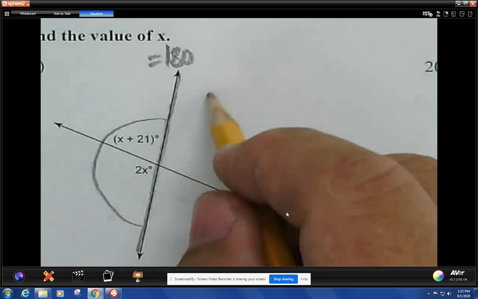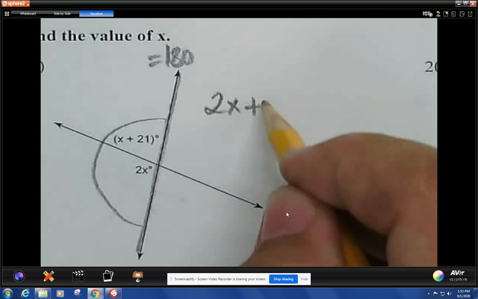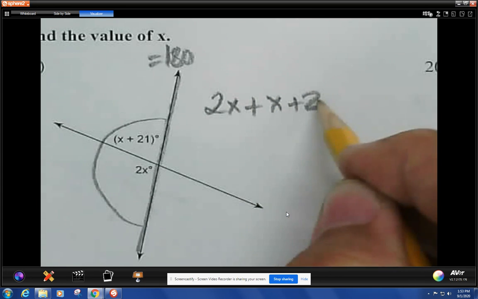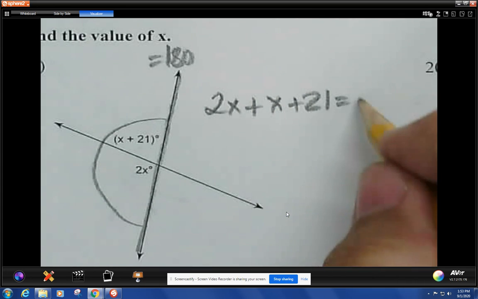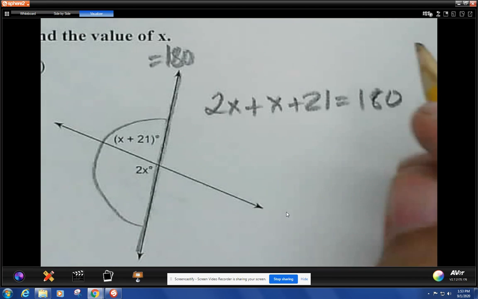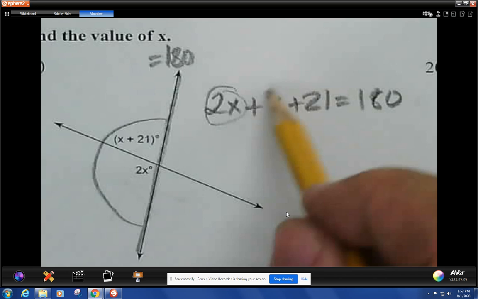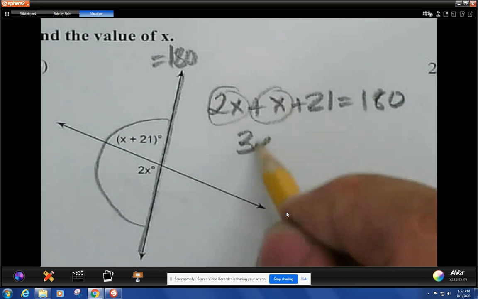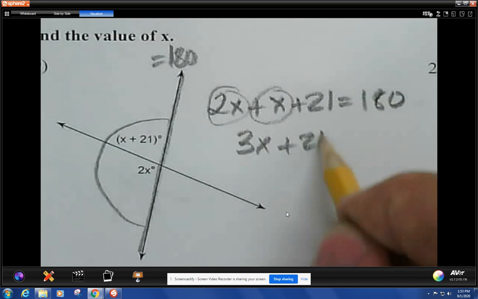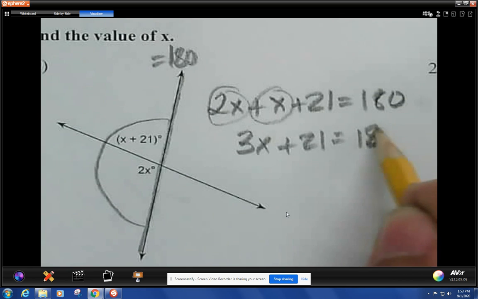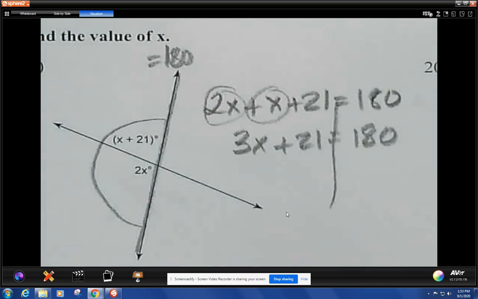So I'm going to take 2x plus x plus 21, and that has to equal 180 degrees. So now I'm just going to combine some like terms. 2x plus x equals 3x plus 21 equals 180 degrees.